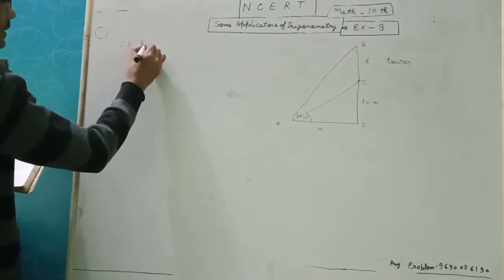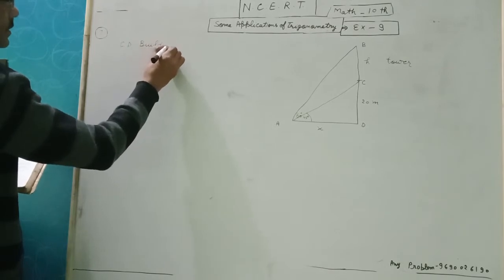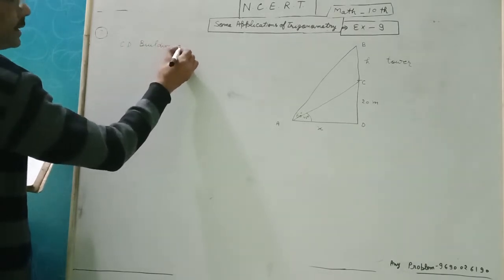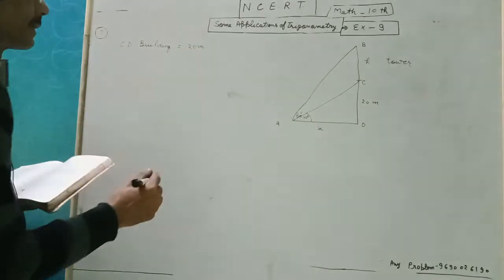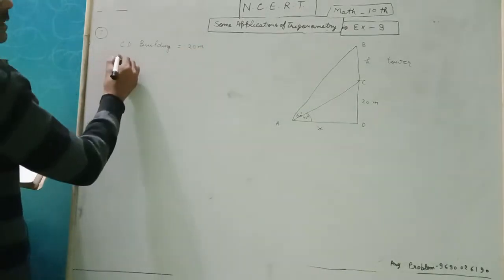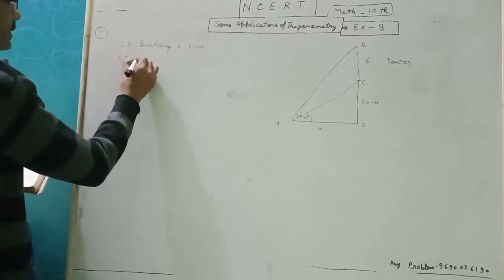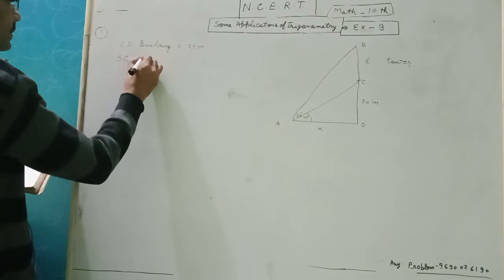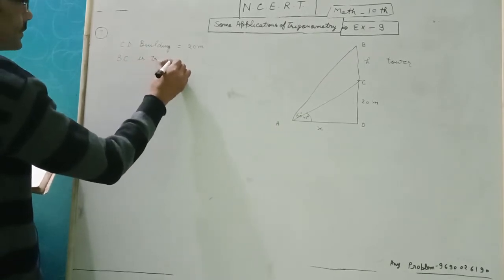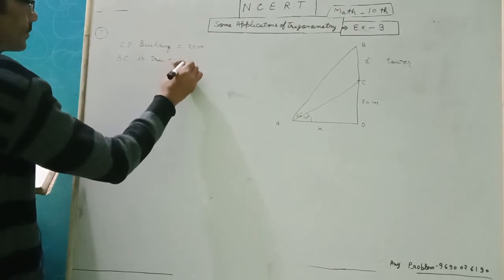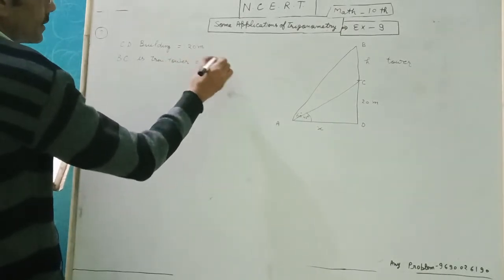CD, the building, is equal to 20 meter height. BC, the transmitter tower, is equal to H meter.